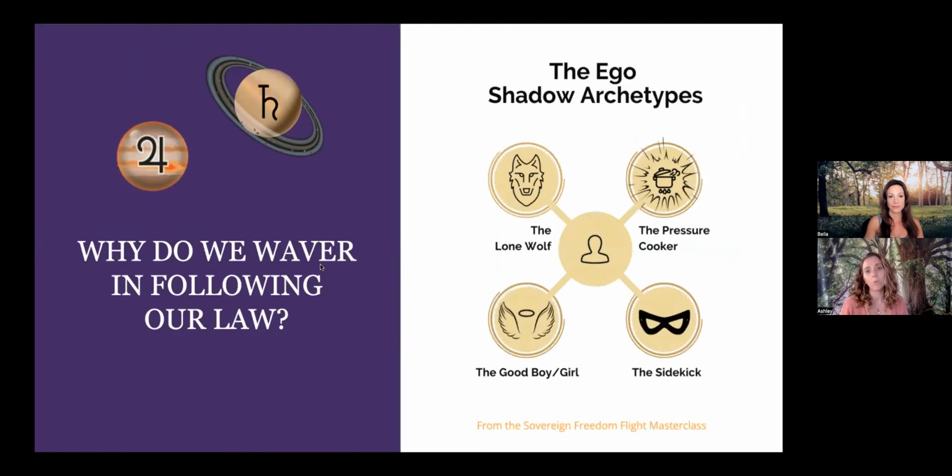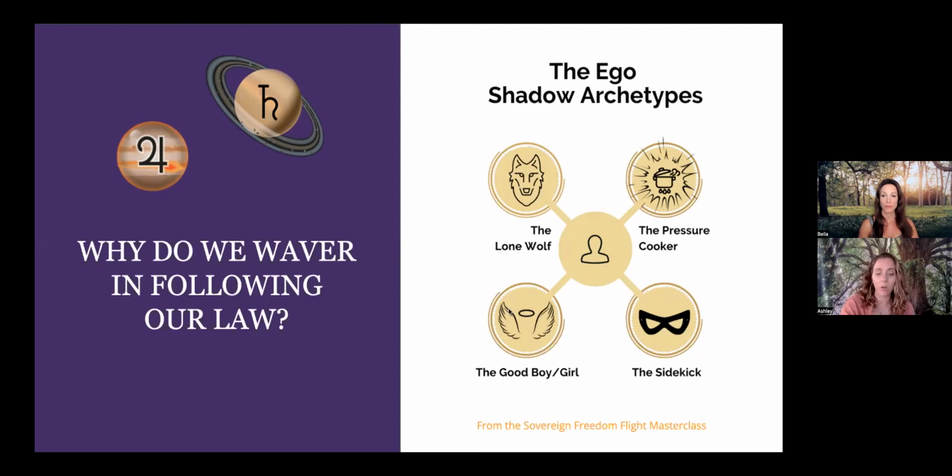But if you were part of our Freedom Flight journey with Sovereign, then you are familiar with these shadow archetypes that we introduced. I'm not going to go into the complete explanation of these, but there are all sorts of reasons why we would forego our own law and what's true and right for us for the sake of the other, or consensus, or status quo.